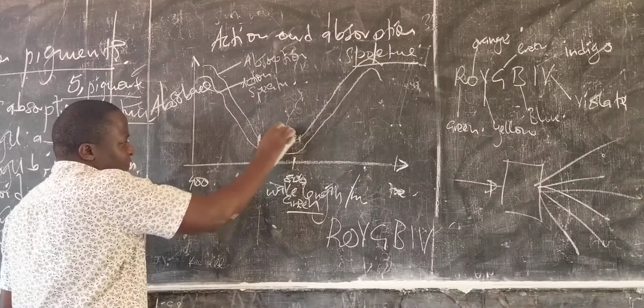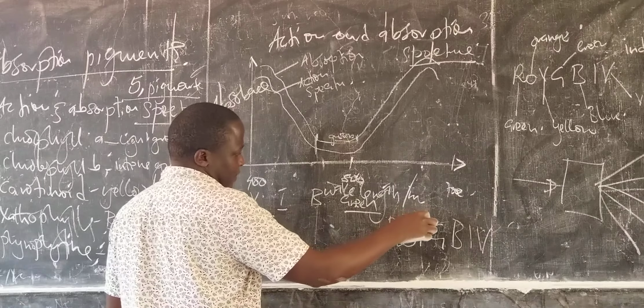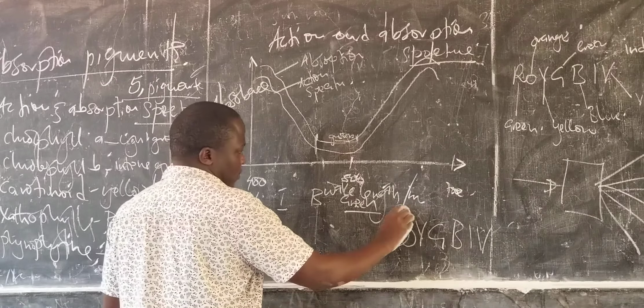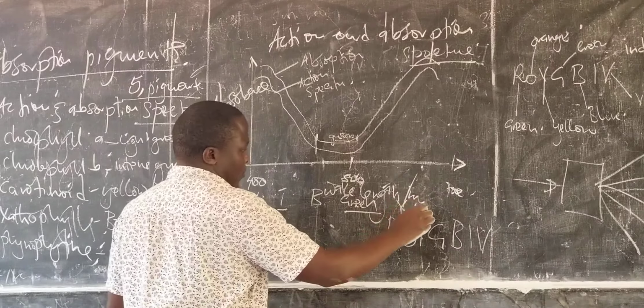But if we have this as green, expect that this is violet. At this point, we shall have indigo. Blue will be present here. After green, we shall have yellow, orange, and finally red. That is how those colors are presented. So the smallest wavelength is violet, and the highest wavelength is red.